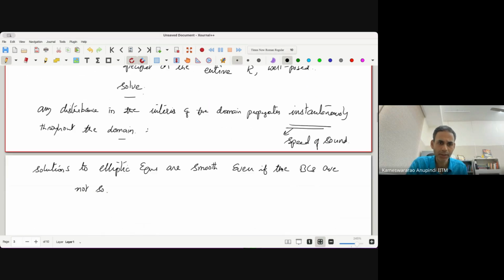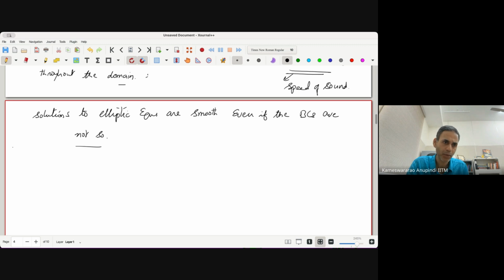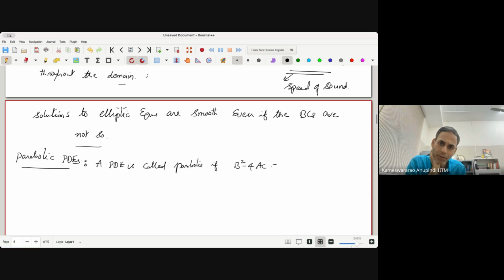So let's go back to this. Let us look at then the parabolic type of PDEs, parabolic partial differential equations. So essentially a PDE is called parabolic if b square minus 4ac is equal to 0 in the entire domain.